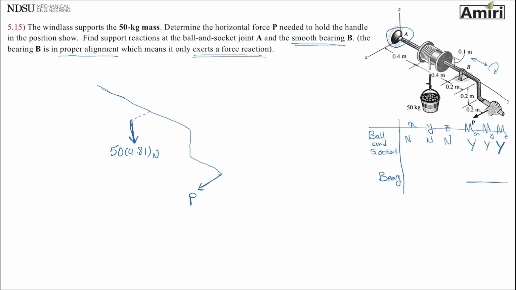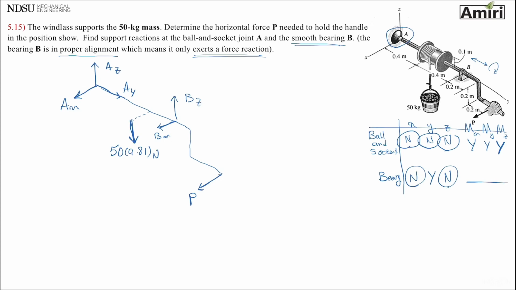Does it move in X direction? No. Does it move in Y direction? Yes. Does it move in Z direction? No. So I need an X direction and I need a Z direction. Ball and socket, XYZ, there's going to be 3 forces, AX, AY, and AZ.